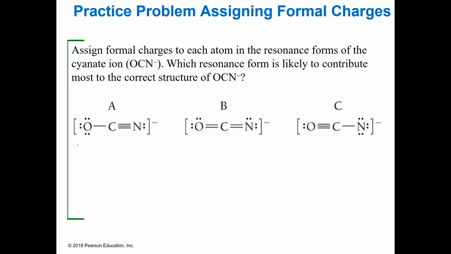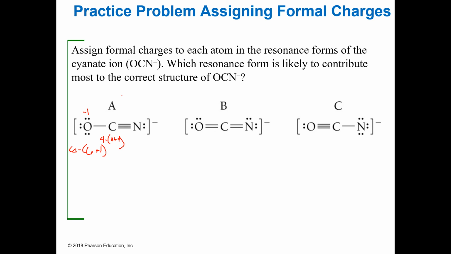So oxygen has 6 valence electrons. Here it has 6 non-bonding plus 1, half the bonding. So 6 minus 7, this has a formal charge of -1. Carbon has 4 valence electrons. In this case, there's no non-bonding, no lone pairs. And then half of the bonding, 2, 4, 6, 8, half is 4.